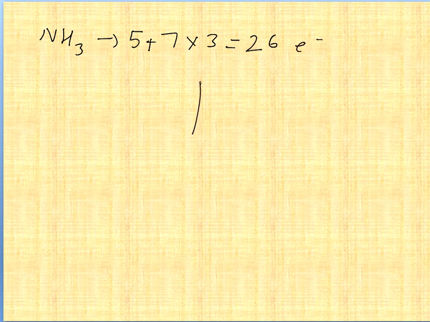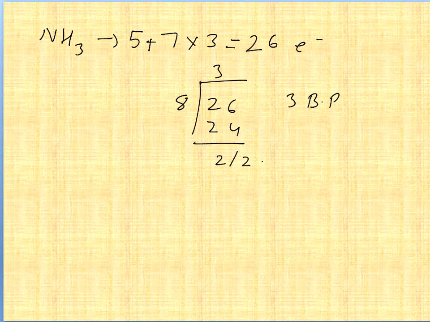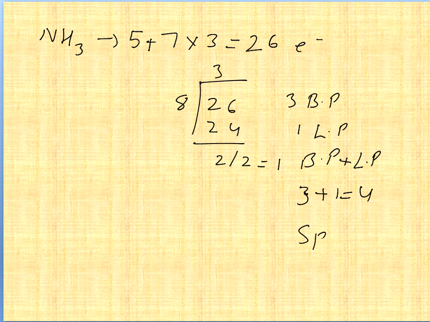You have to divide 26 by 8. 8 threes are 24, and 2 remaining. 3 will be the bond pairs, and 2 divided by 2 is equal to 1 lone pair. Then bond pair plus lone pair is 3 plus 1 is equal to 4. The hybridization will be sp3. Okay guys, this is the simplest trick, but it is very important for board exams and NEET exams.